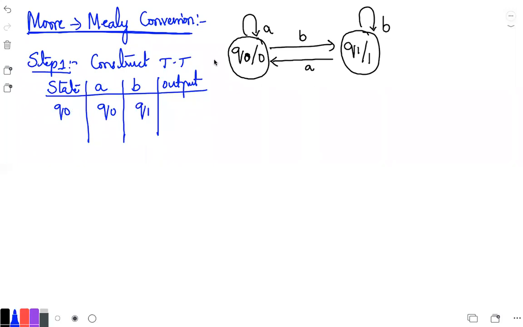For the state Q0, the output is 0, irrespective of the input because it is a Moore machine. Then the state Q1: Q1 on A goes to Q0, Q1 on B goes to itself. The output for the state Q1 is 1. Construct this table.